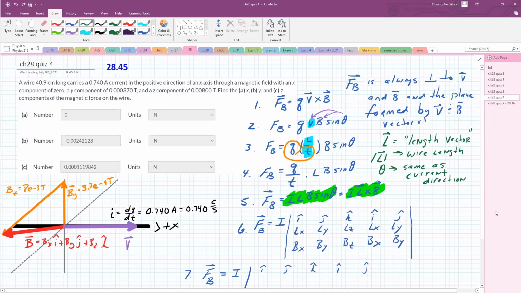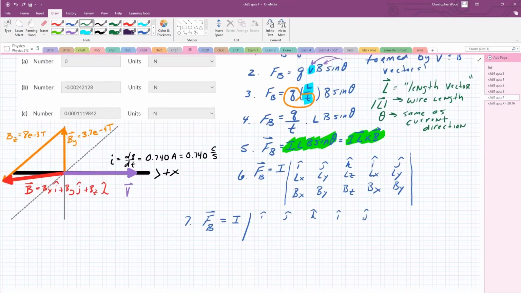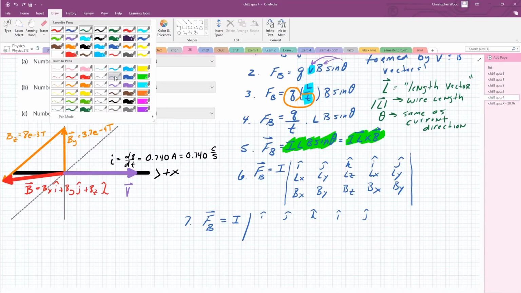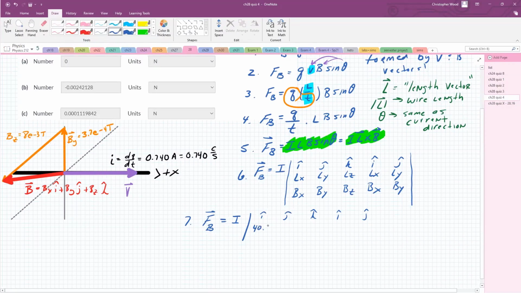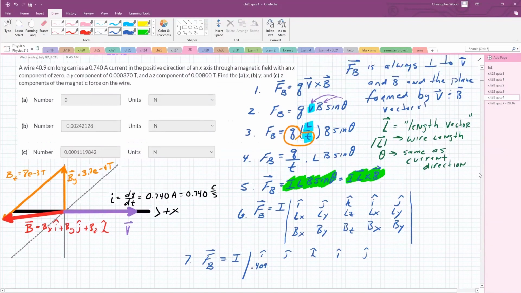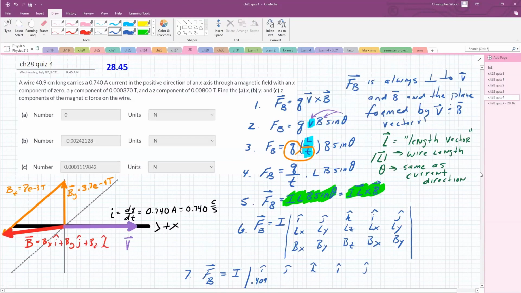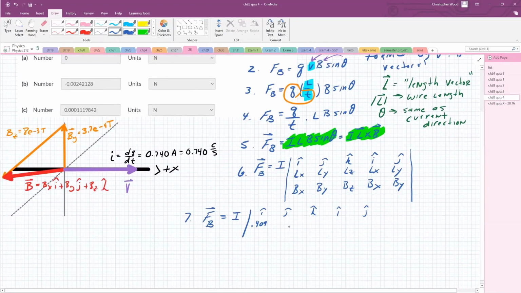So I do know L sub x. L sub x is 40.9 centimeters in the positive x direction. I better go to meters: 0.409 meters in the x. Just double checking. It's purely in the x direction, which means 0 for j, 0 for k, and then repeat 0.409.